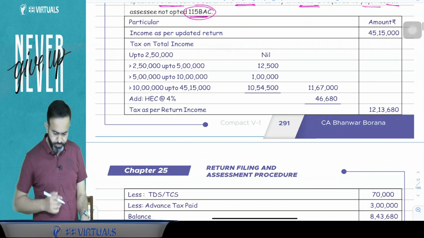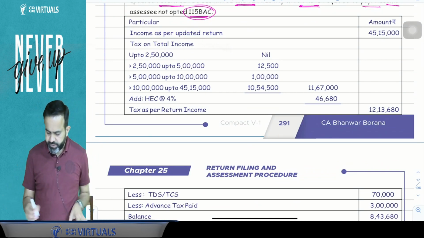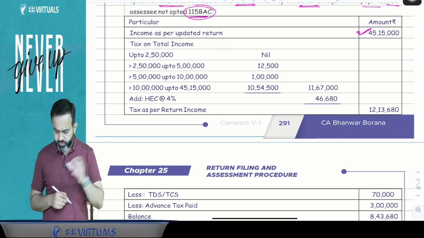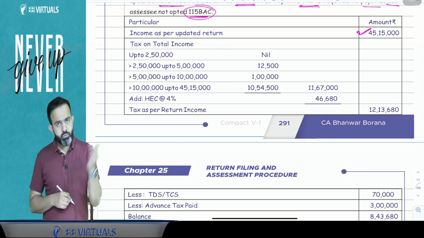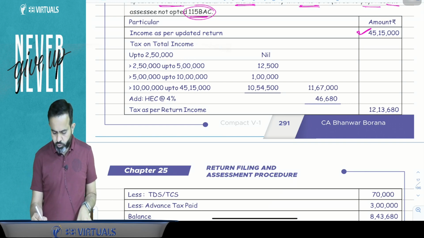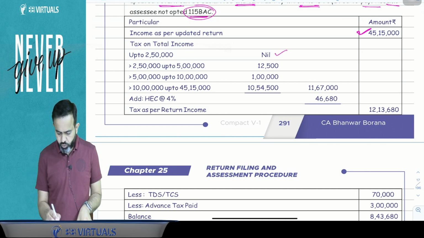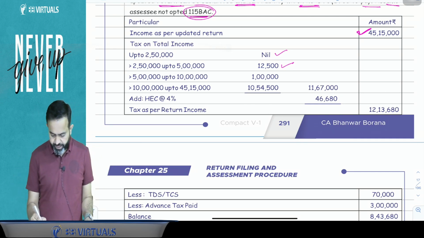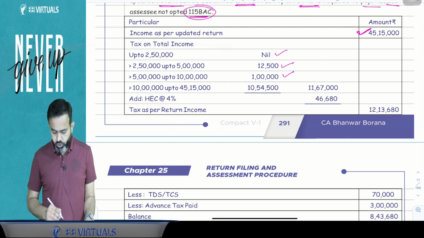So pay attention. Income as per the updated return is 45,15,000. There is no issue with this income. Now on that 45,15,000, just calculate the tax. Up to 2,50,000 there is no tax. 2,50,000 to 5 lakh, 12,500, just take the calculator. 5 lakh to 10 lakh there is 1 lakh, and guys, 10 lakh to 45,15,000 there is 10 lakh 54,500.